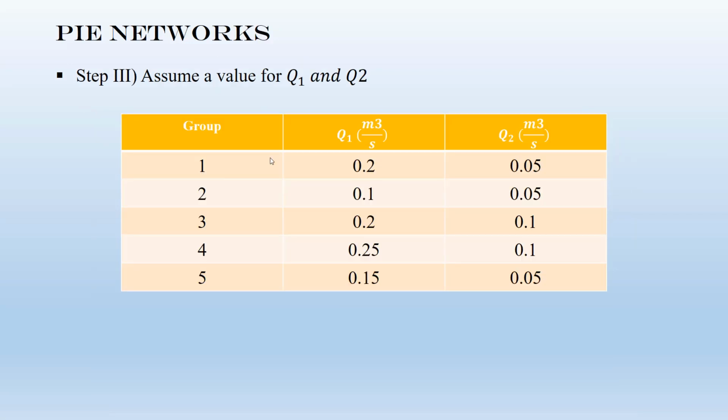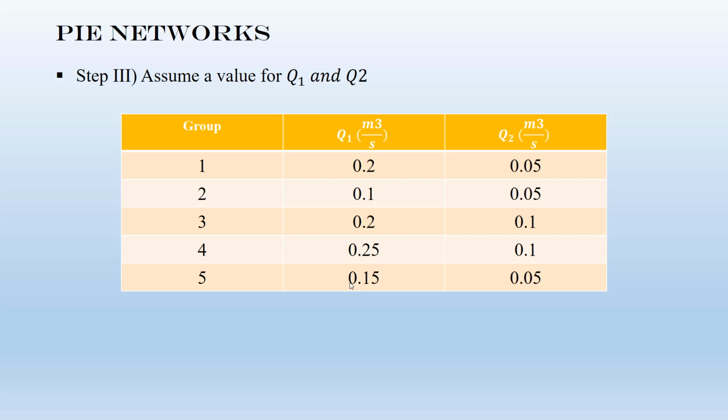To make sure that we get the same values, I ask you to solve this problem with different values for Q1 and Q2. For example, group 3, you can start with 0.2 and 0.1. Group 5, you can start with 0.15 and 0.05, and eventually we will all get the same values for all Q's.